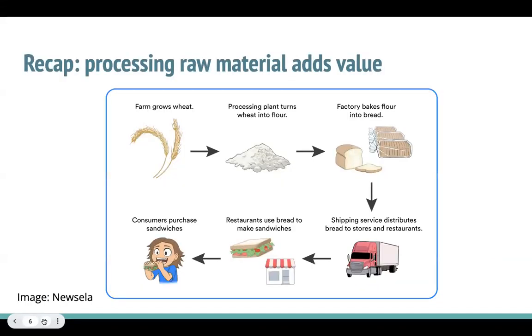For example, just like in another completely different domain, a farmer grows wheat, and that wheat is processed into flour, which is turned into bread, which is eventually sent to stores and restaurants, which use that bread to make sandwiches, which eventually reach you, the consumer. And similar to how in these chains in economics the raw material is processed, and at each step there is some new value that is added to it.